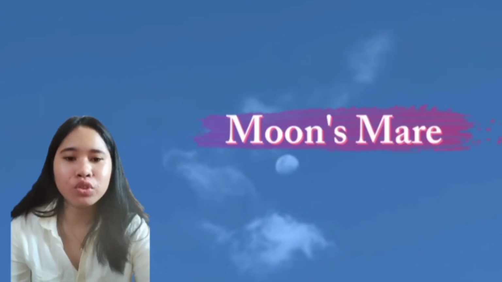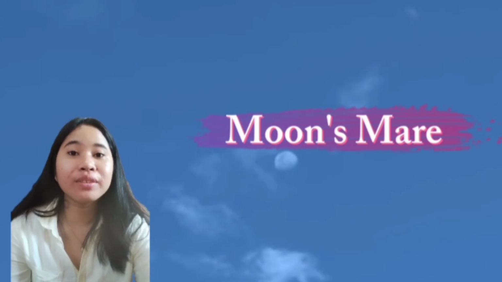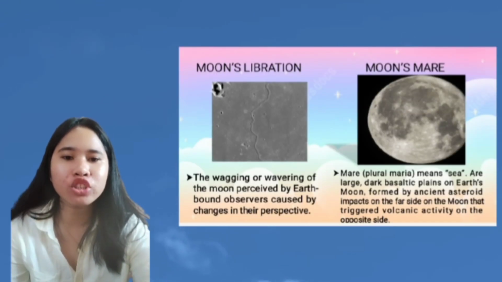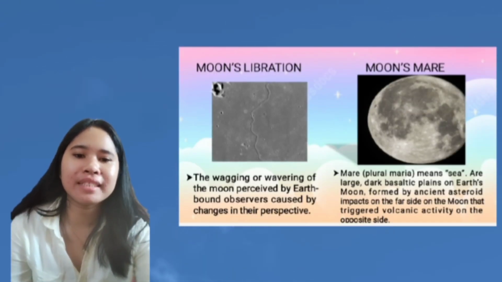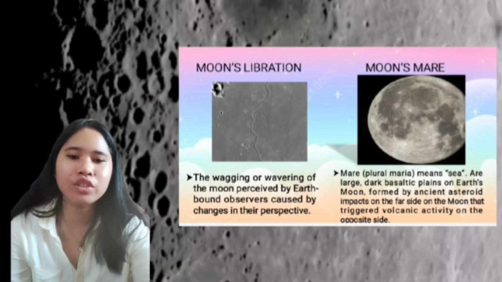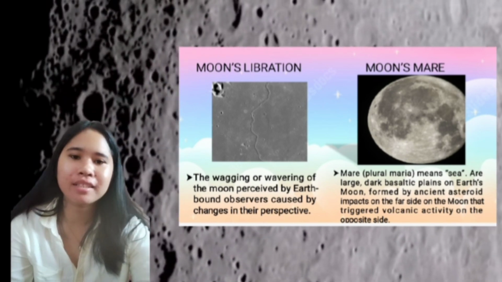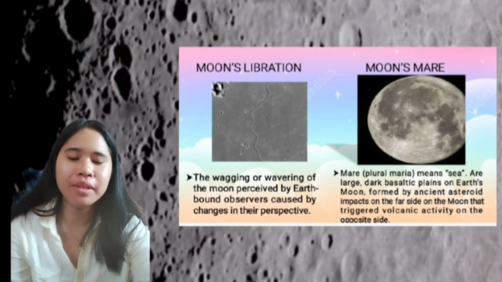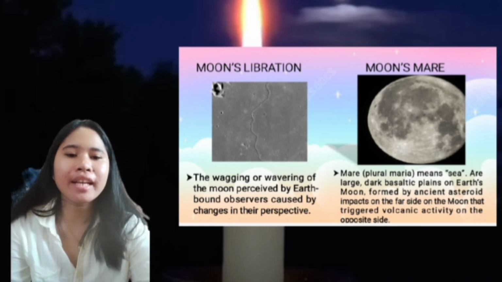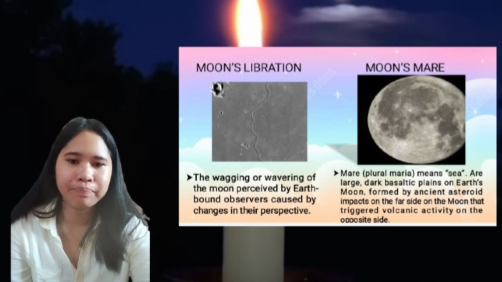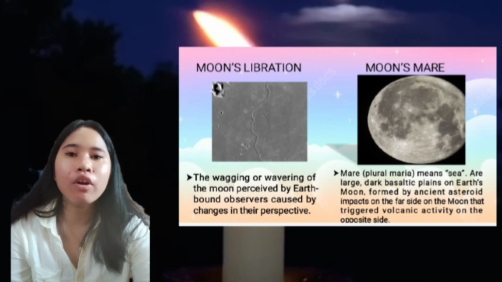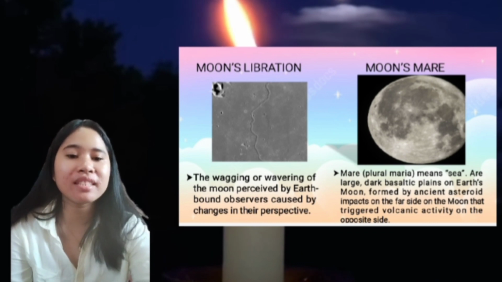How about the moon's mare? The lunar maria are large, dark, basaltic plains on Earth's moon, formed by ancient asteroid impacts on the far side of the moon that triggered volcanic activity on the opposite side. Mare, or plural maria, means sea, but maria on the moon are plains.